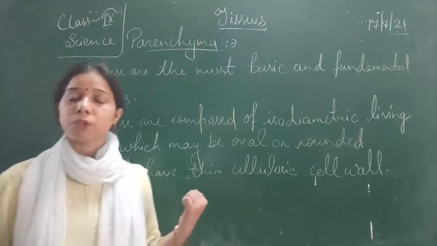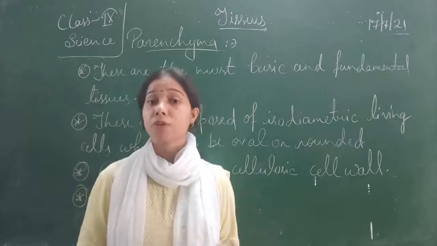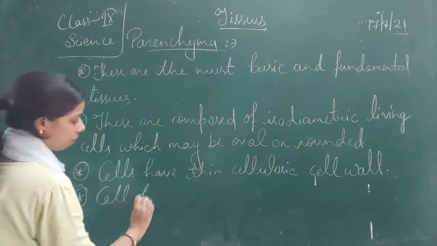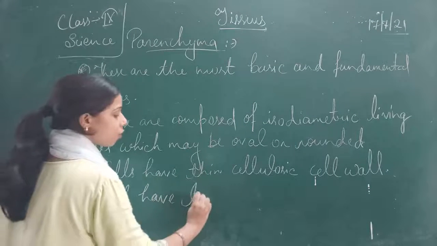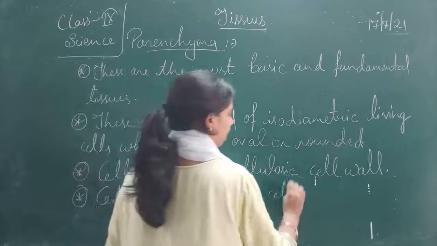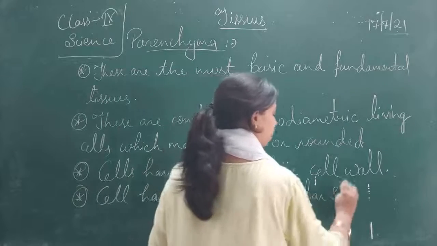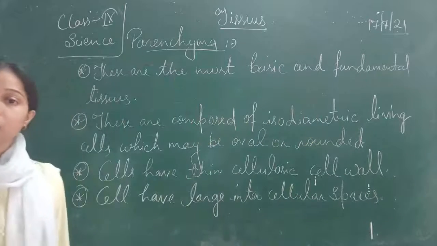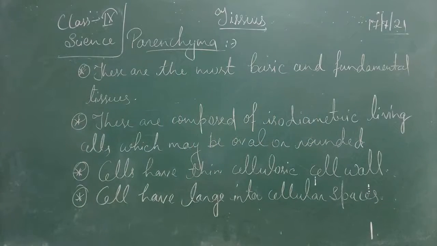The same thing we are going to see in the case of the parenchyma, which is also a type of simple permanent tissue. So here cells have large intercellular spaces. They are having large intercellular spaces.